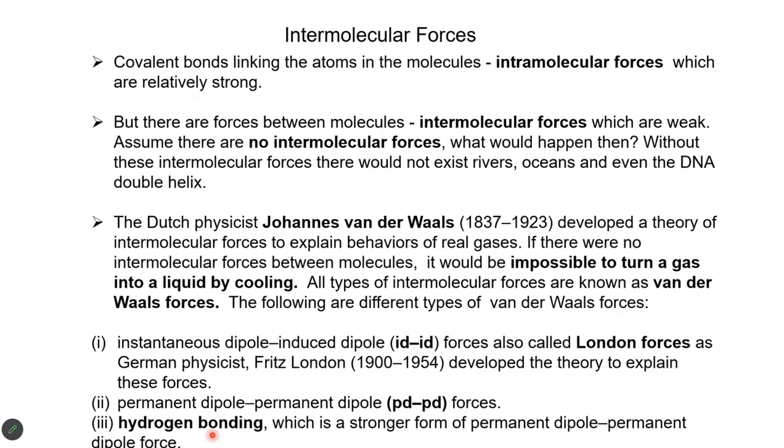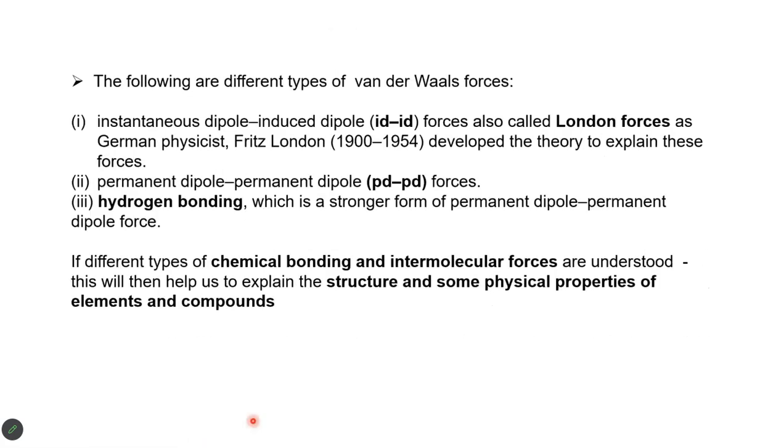We have hydrogen bonding, which is a strong form of permanent dipole and permanent dipole forces. The three van der Waals forces we talked about, and if different types of chemical bonding and different forces are understood, this will help us to explain the structure and some physical properties of elements and compounds.